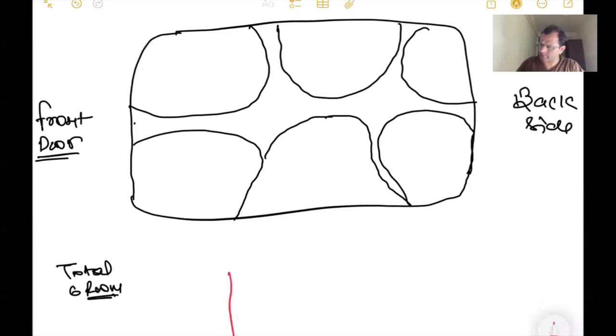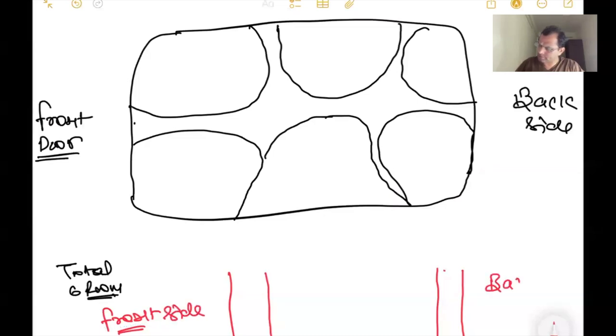So one pipeline is coming here and one pipeline is coming here. One pipeline is coming on the front side, one on the back side, because we have to supply the water.